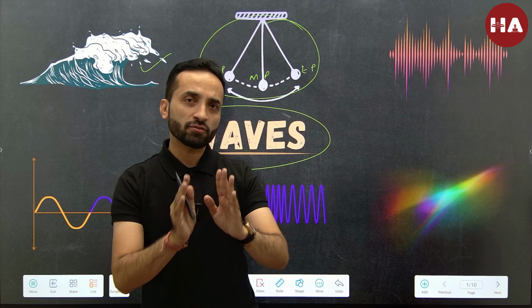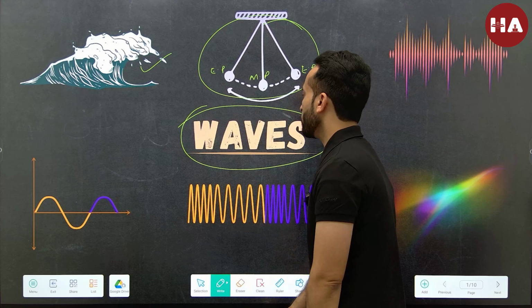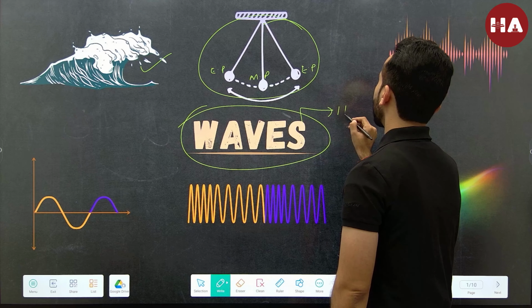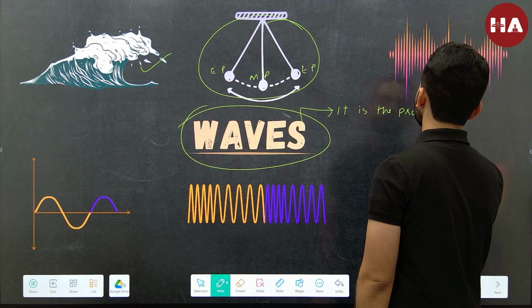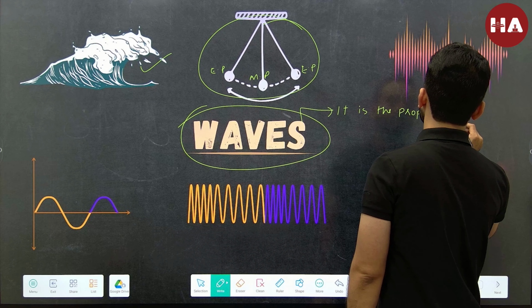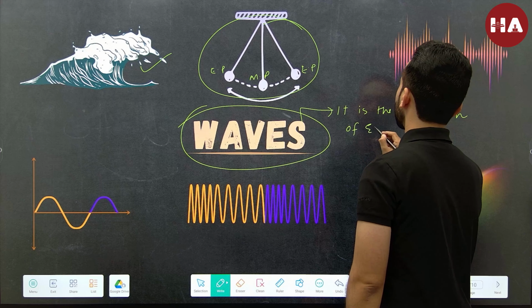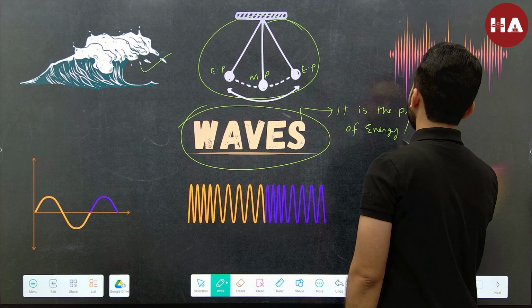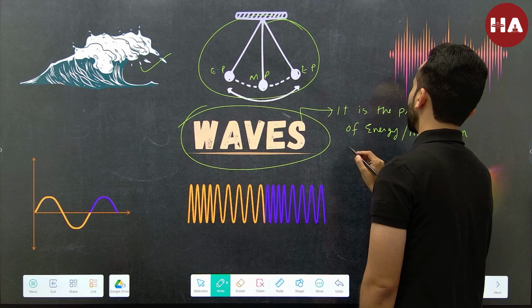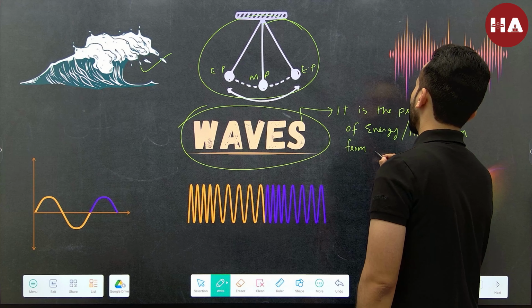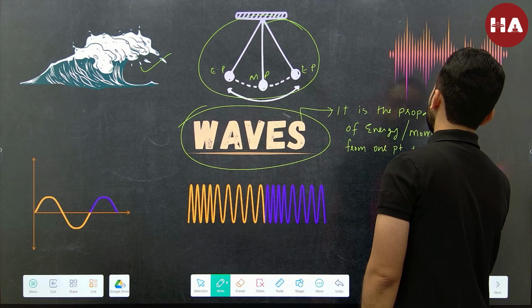So if we have to give the most basic definition of a wave, then we will just say it is the propagation of energy and momentum, right students? Energy and momentum from one point to another.